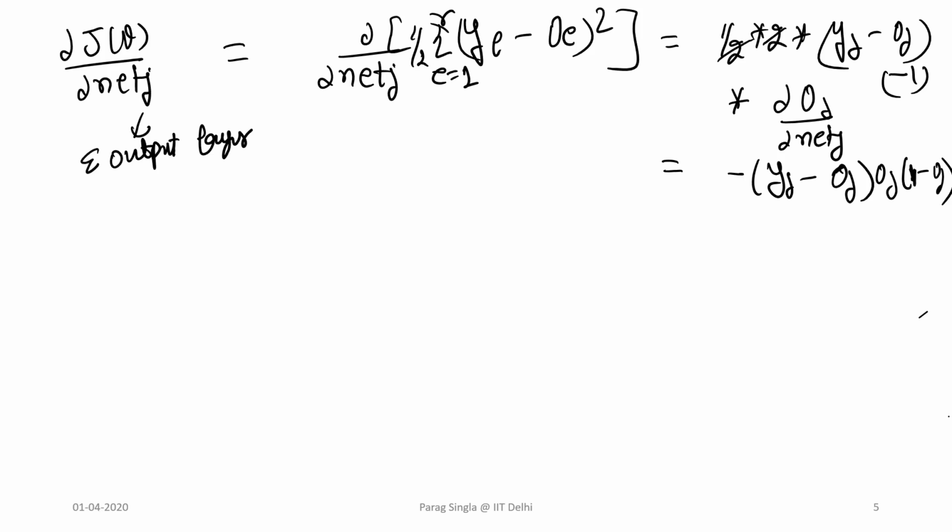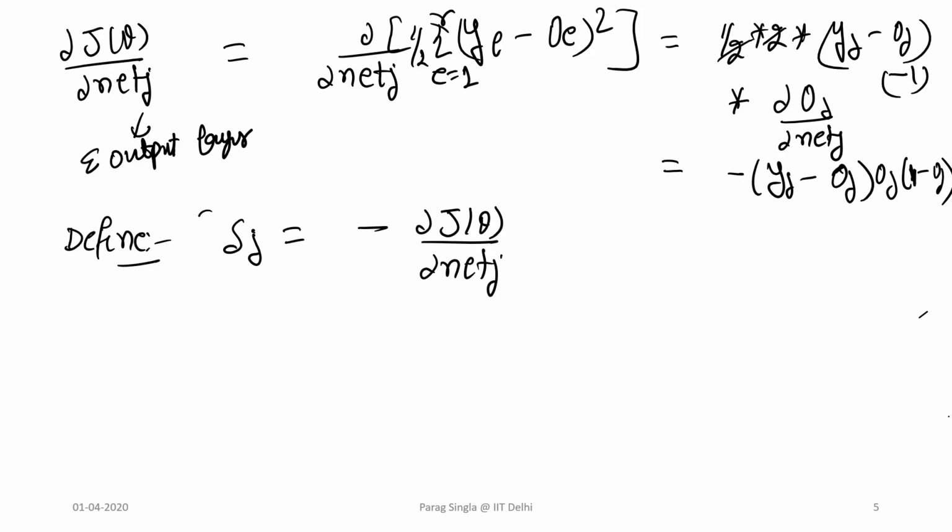So this is our derivative of the error function with respect to net j, where j belongs to the output layer. We will now define, for all units, delta j to be minus the derivative of J theta over delta net j.